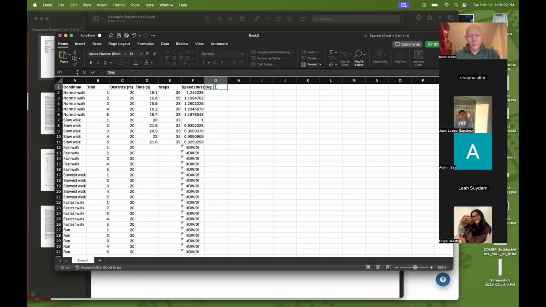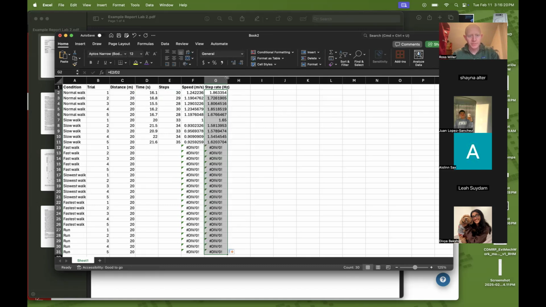So my step rate, that is units of hertz or steps per second, there I take my steps and I divide by my seconds, and that gives me my step rate, and then fill that all the way down.